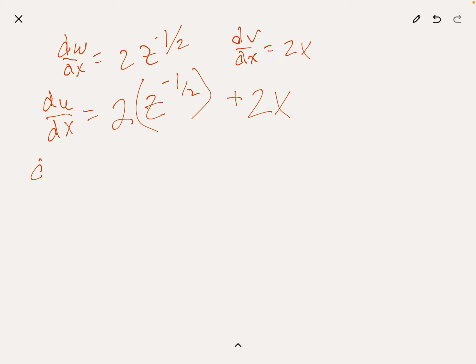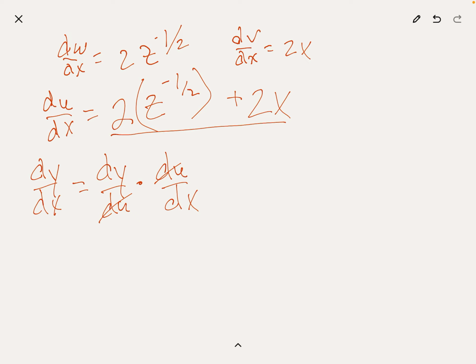And dy/dx equals dy/du times du/dx. And we know that's right because the du's will cancel out. Well, what's du/dx? That's right up here, so we're going to bring that down. And what was dy/du?